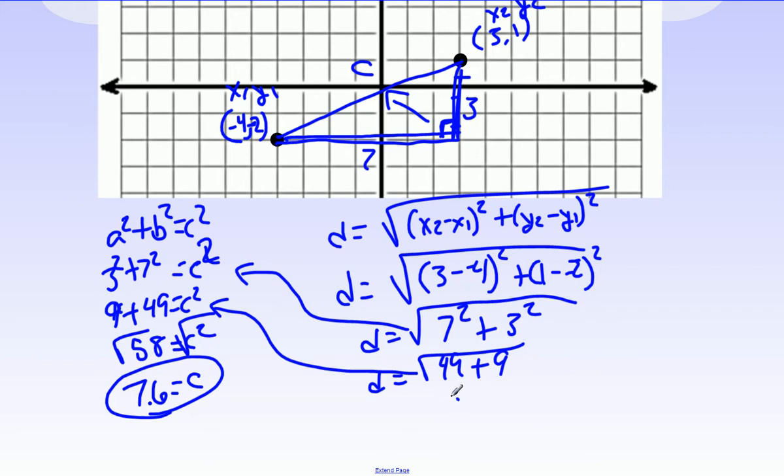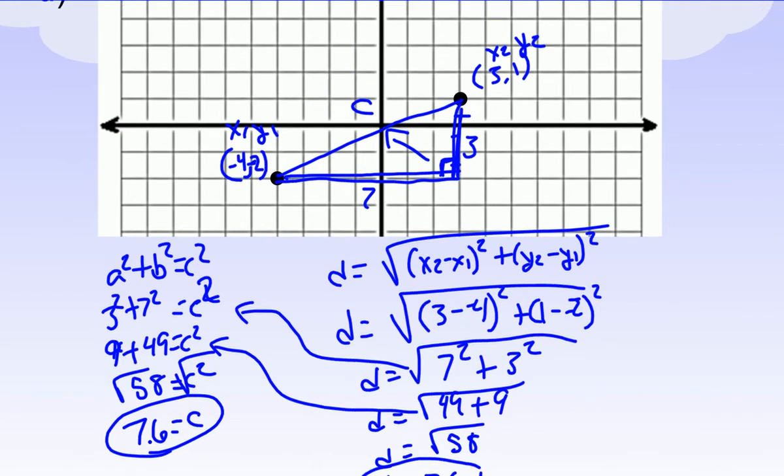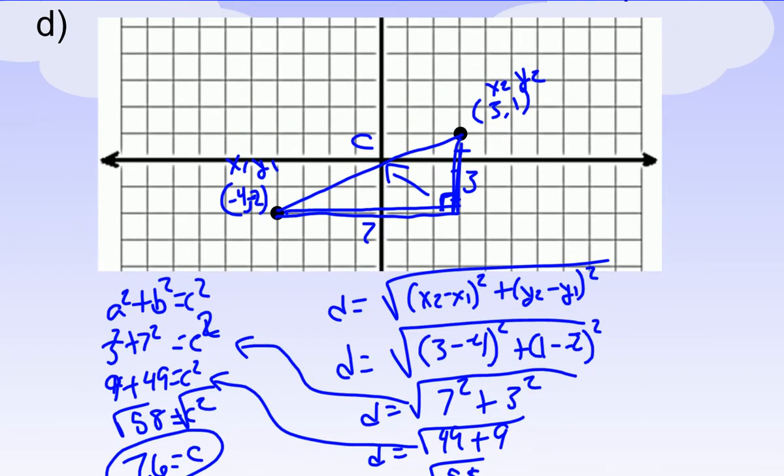Add these together, you get your 58, and then you square root both sides like it says, and D still equals that 7.6. Alright, so there's Pythagorean theorem, there's distance. In a problem like that, I would use the Pythagorean theorem, because I can draw the picture, make the right triangle. It makes sense to me, it's easy for me. 7, 3, boom, got myself an answer.